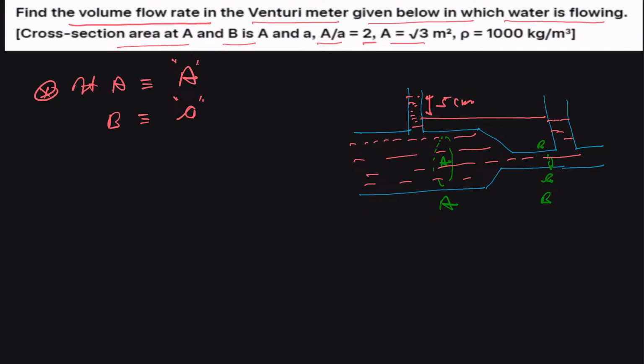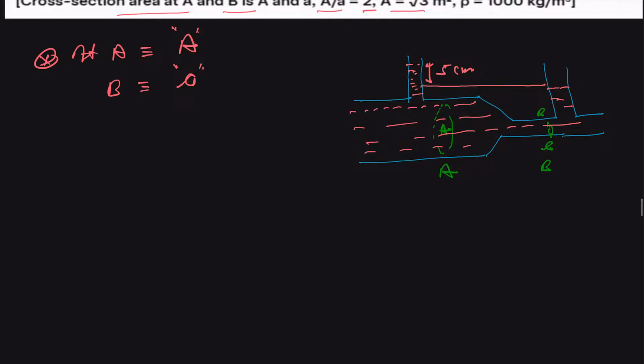The height difference is important. Let us suppose that is H. Sometimes it is also called the manometer height difference, and that is 5 centimeters, which equals 0.05 meters.